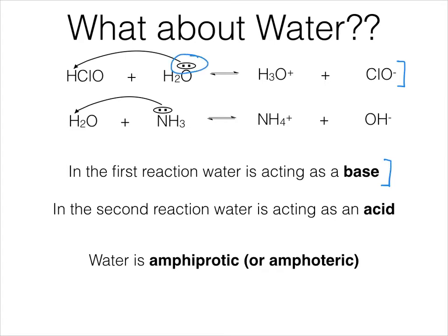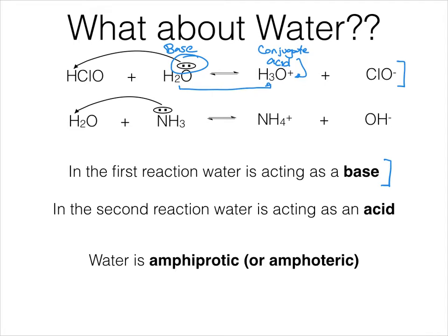It's using its lone pairs to take a proton, and it's turning into a conjugate acid, the hydronium ion.